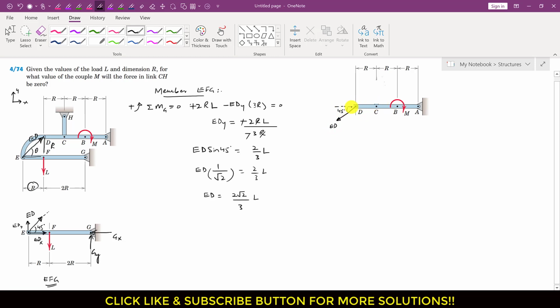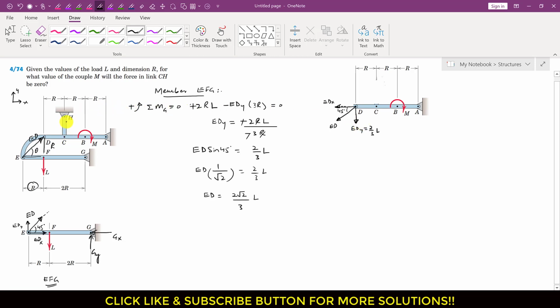If I resolve this ED force into its components, it will have one component like this, and one component like this. So this is EDX and this is EDY, and EDY equals 2 divided by 3L. So I can write it directly there: this is 2 divided by 3L.